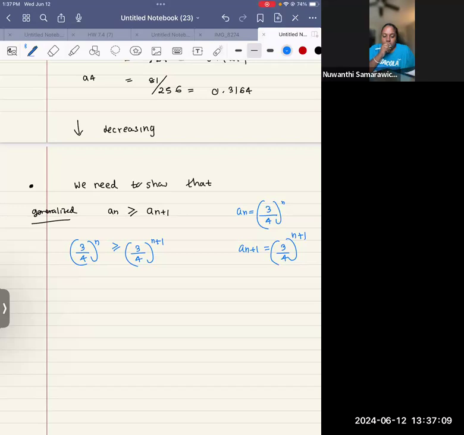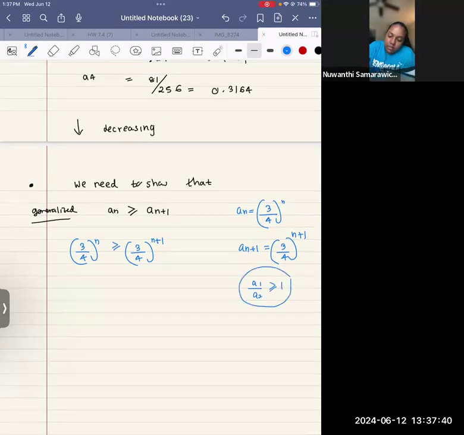So let's do this by dividing. You can use ln also, but let's do it like this. Remember I said if a1 divided by a2 is greater than or equal to 1, so the other way around.